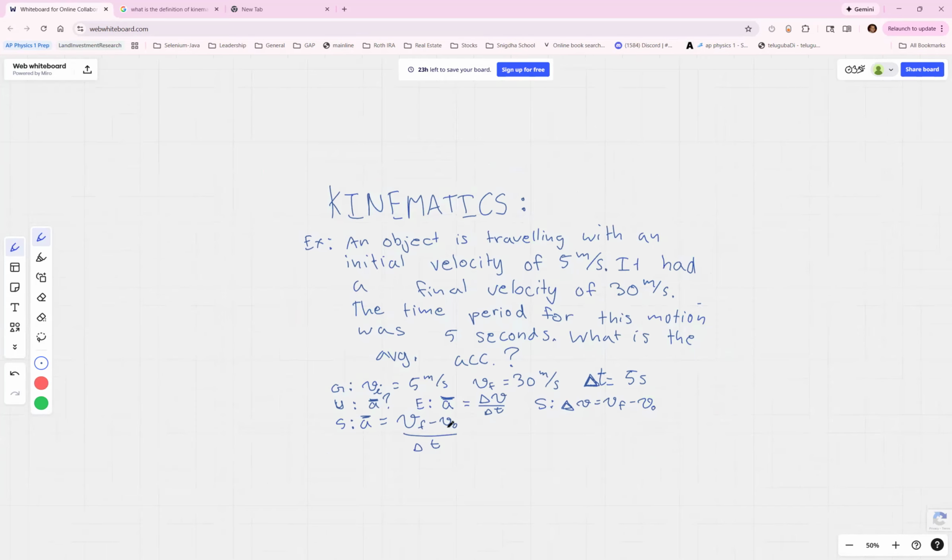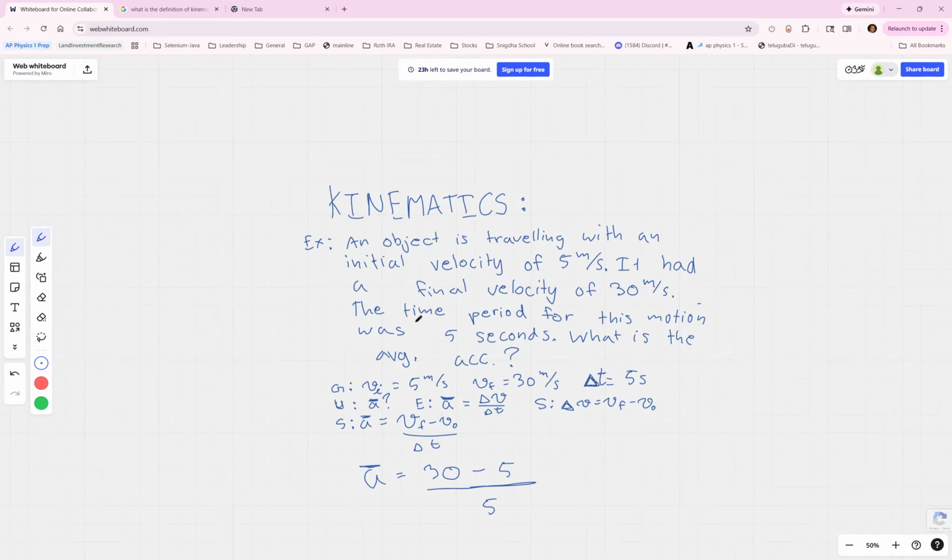Let's minimize that more so we have more space. Then by substituting, we can substitute our VF, which is 30, minus 5 over 5.